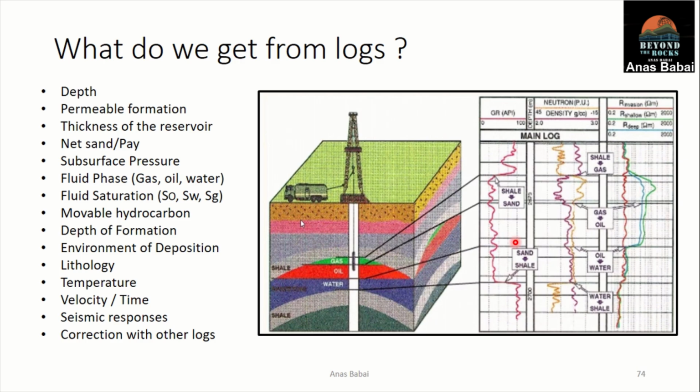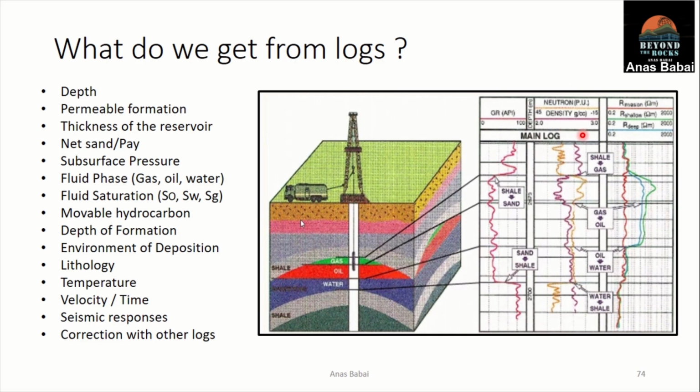They are all in the first track. We have the depth track, which has the depth values. We have the resistivity, mainly in the second track. It has a logarithmic scale, in which we have the deep resistivity, the shallow resistivity, and the medium resistivity.